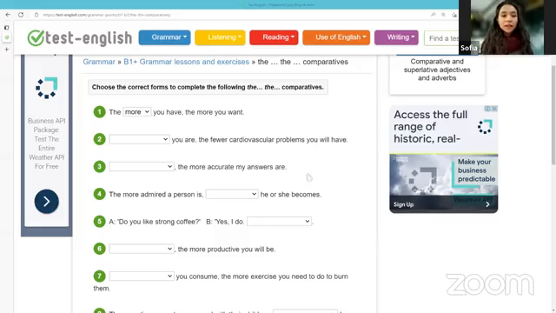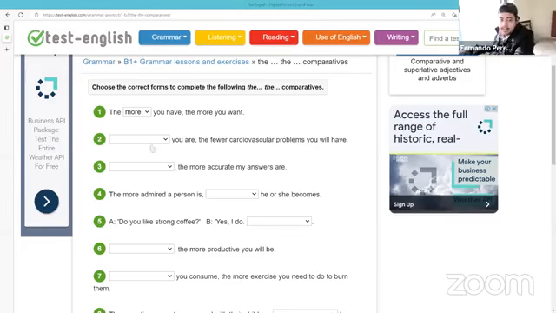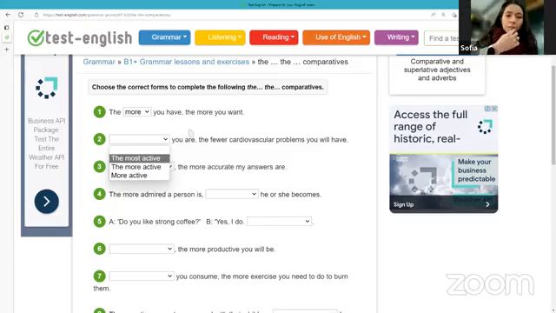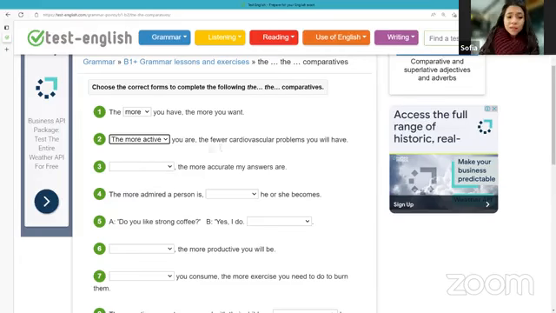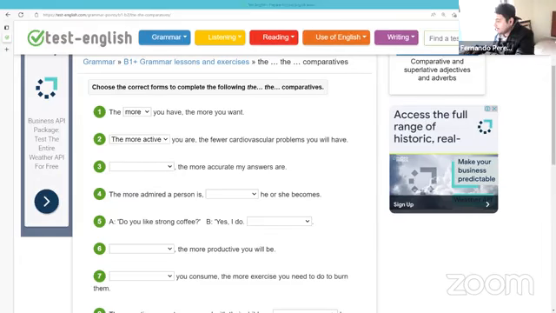Healthier. The healthier you are, the fewer cardiovascular problems you will have. Very good. So here you have the word active. The more active you are. You are completely correct.